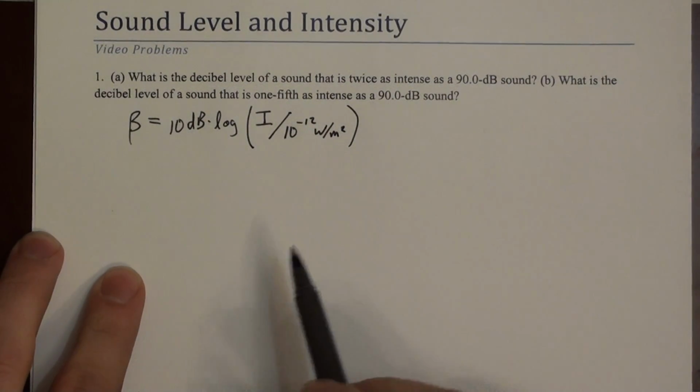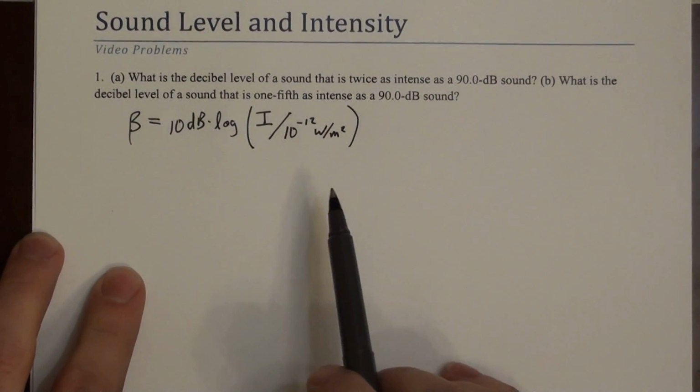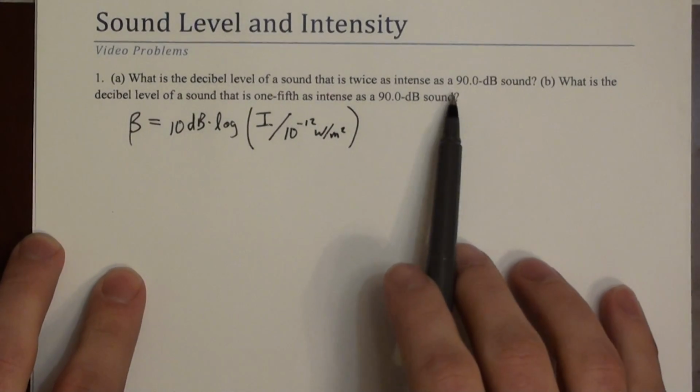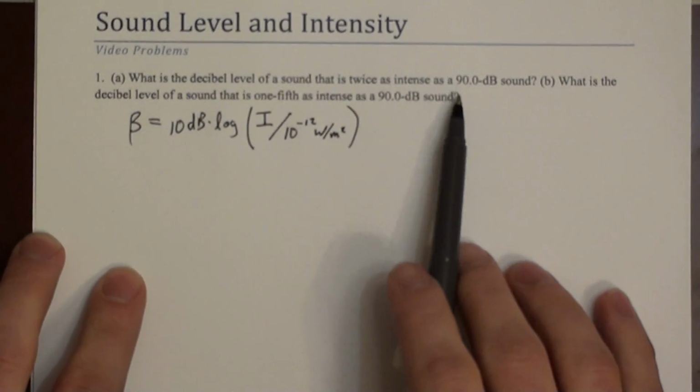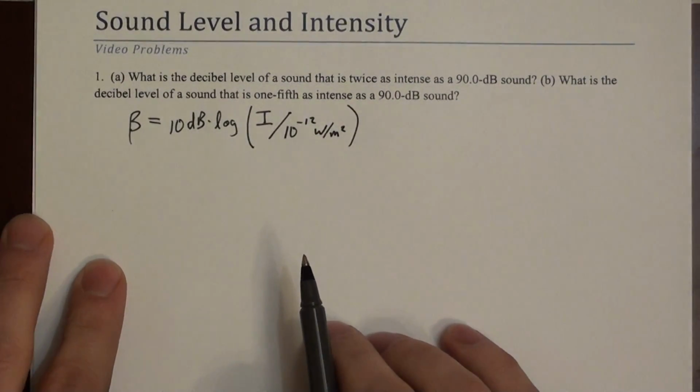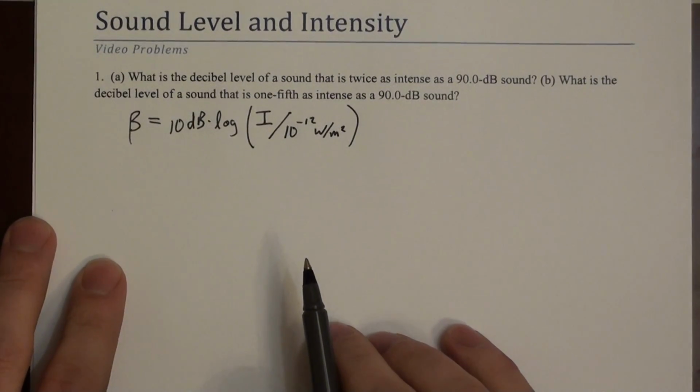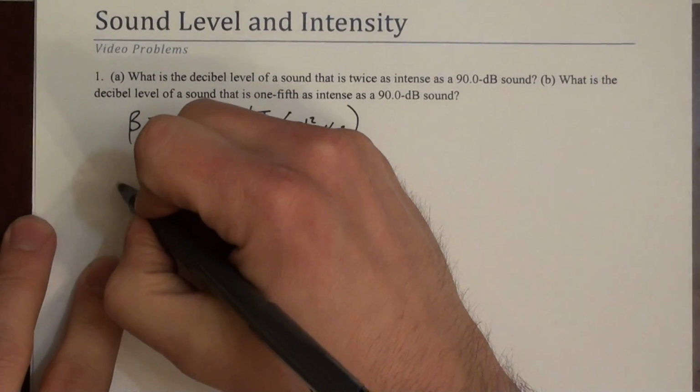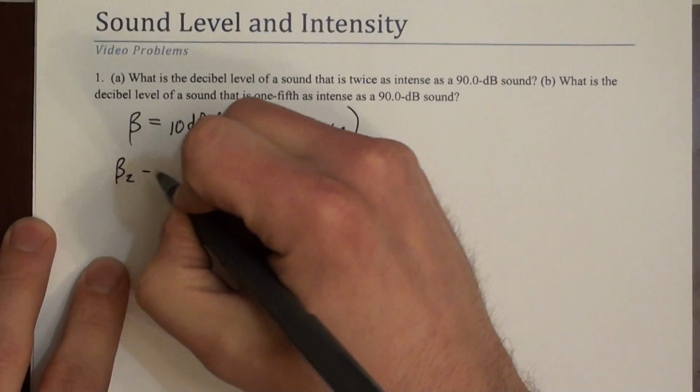So what we're asking for is the change in sound level. How does the sound level change when we increase or decrease the intensity by these factors? So it's useful to write down a second equation.